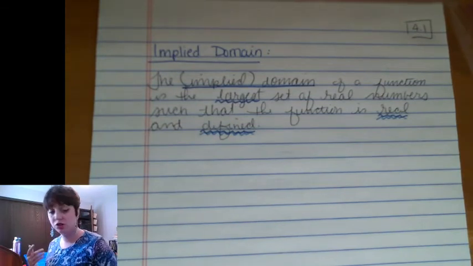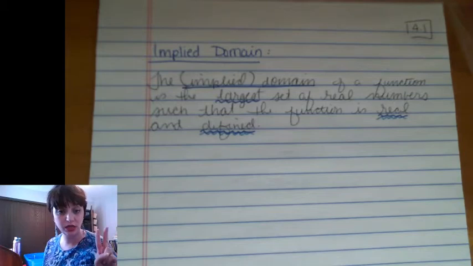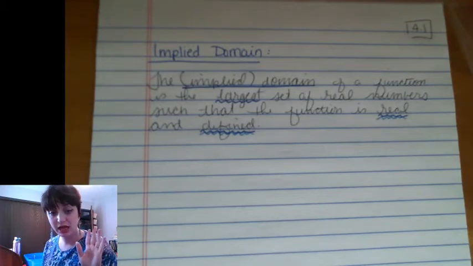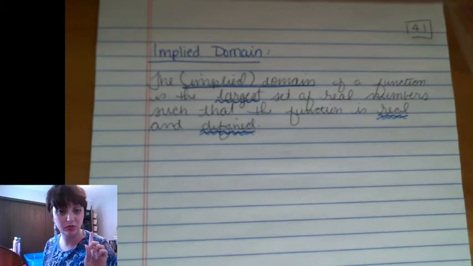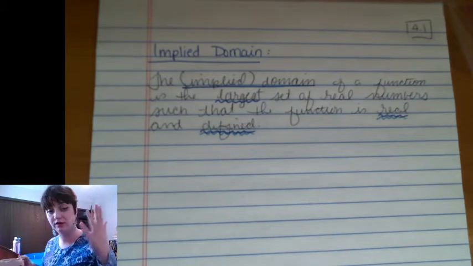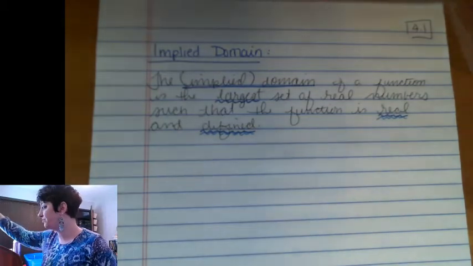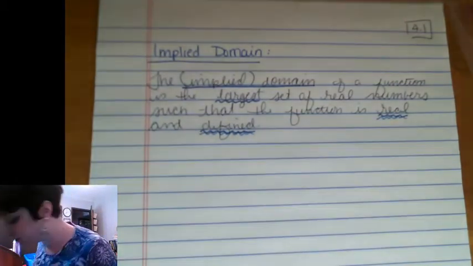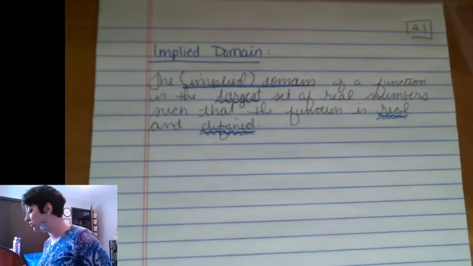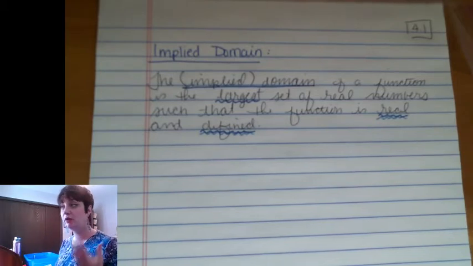So there's really only two things we have to worry about for our functions. Is it real, meaning not complex, and is it defined, meaning there's actually a number that comes out when I do whatever the rule is. Real: how do I get complex numbers?